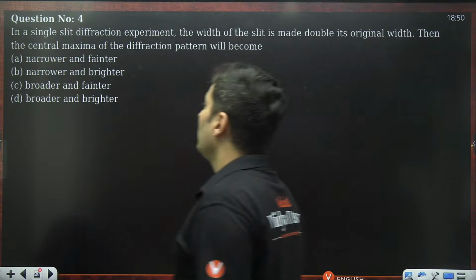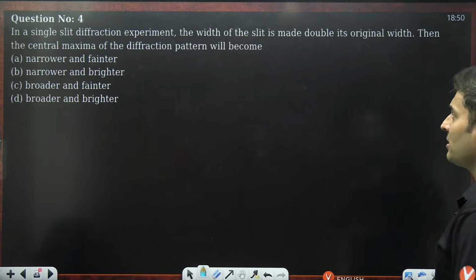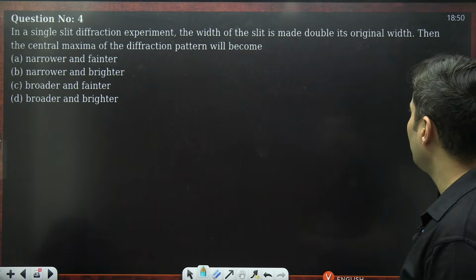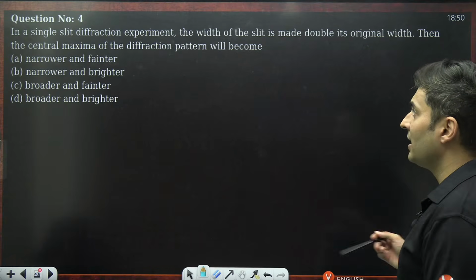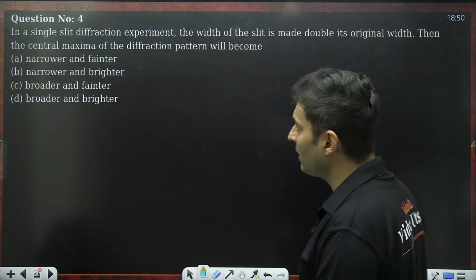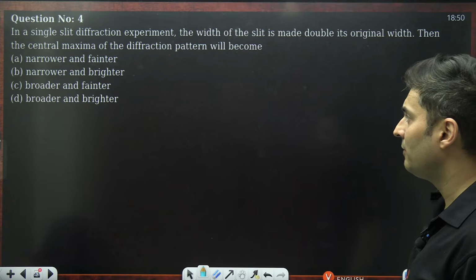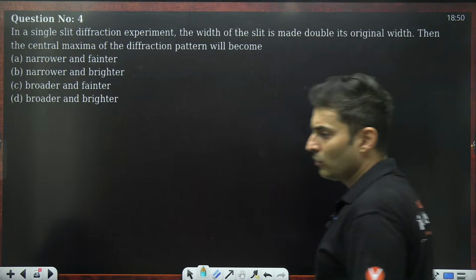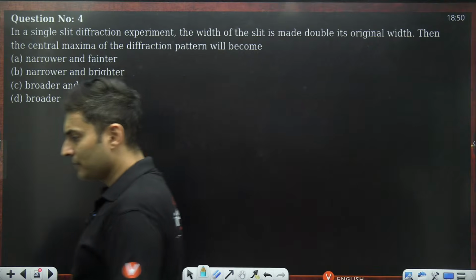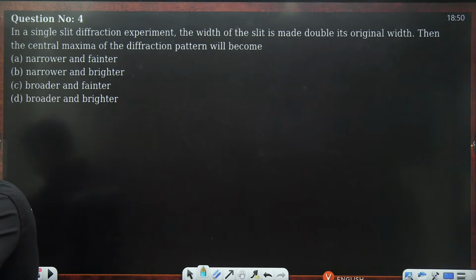Okay. In a single slit diffraction experiment, the width of the slit is made double its original width. Then the central maxima of the diffraction pattern will become narrower and fainter, narrower and brighter, broader and fainter, broader and brighter. What do you think is the answer? Come on, my dear warriors. What do you think is the answer for this particular question?